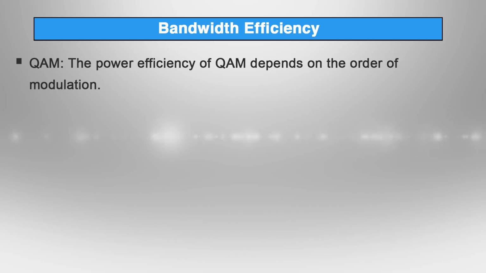The power efficiency in QAM varies depending on the modulation order and signal processing requirements. Higher order QAM techniques can be less power efficient due to increased complexity and signal processing needs. QAM is used in high speed data communication systems where high data rates are prioritized over power efficiency, such as in broadband internet and digital TV.